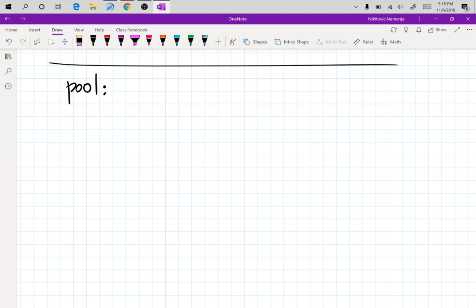So there is a pool, an in-ground pool, that is, let's say, 100 feet by 60 feet, doesn't matter. 100 feet by 60 feet, whatever.